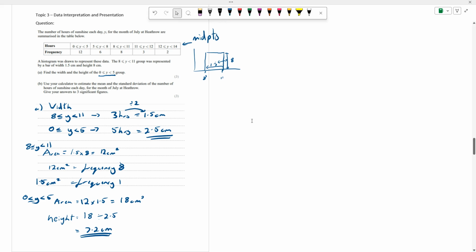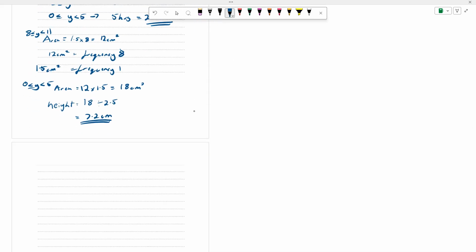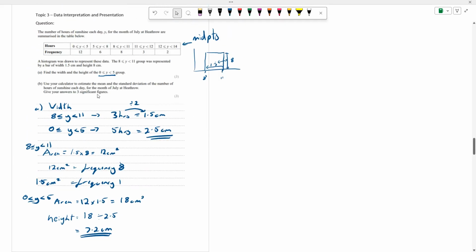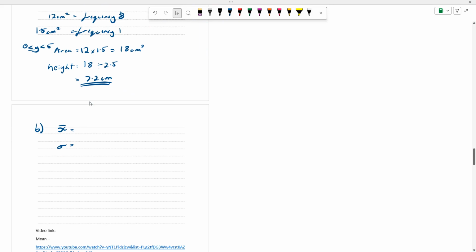As long as I use my midpoints and type everything correctly, I should be able to spit out my 2 values, because it says I can use my calculator. So I've got 6.63 and 3.69. If you went the long way and used the whole formulas, that would be completely fine as well. You should have got the same answers.